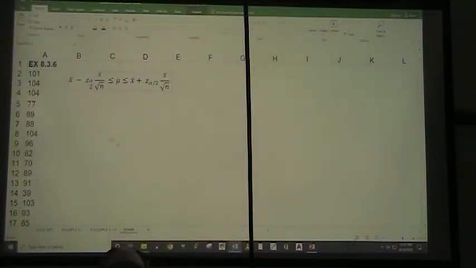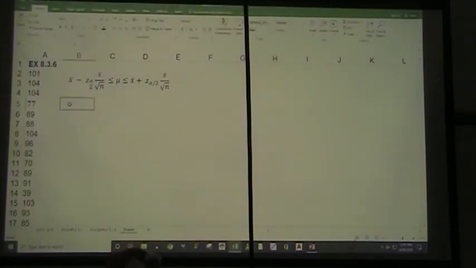Now, what do I need? Well, I need n, so we can get square root of n. What is x bar, and what is our sample standard deviation. All right, well, easy enough.